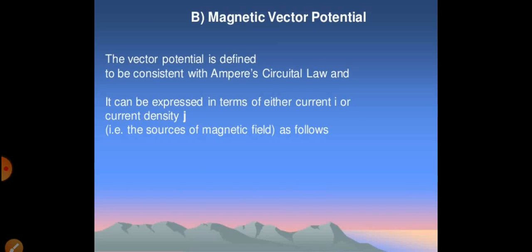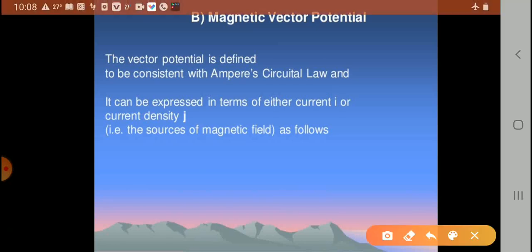The vector potential is defined to be consistent with Ampere's circuital law. Ampere's circuital law is generally derived from the Biot-Savart law.